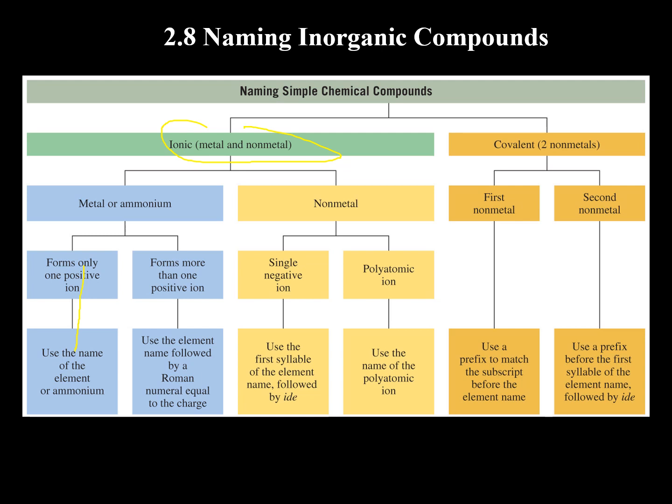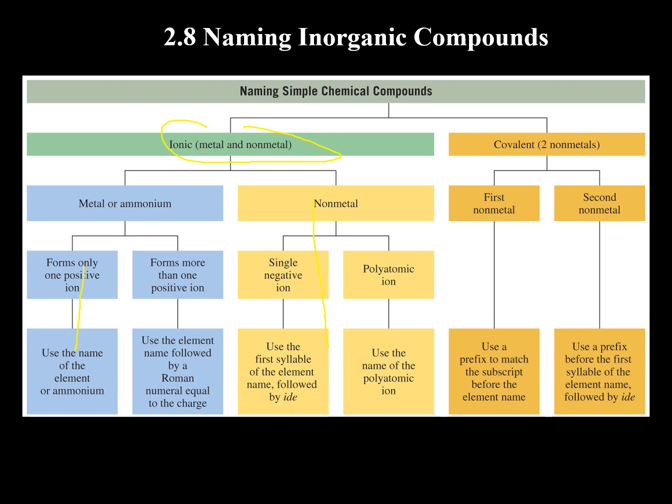If there is a Roman numeral, we have to know our charges. For instance, iron is +2 or +3, copper is +1 or +2. And the nonmetal switches its name to ide for single negative ions, but when we have a polyatomic ion, that's when you have multiple atoms coming together that have a charge: carbonate, nitrate, sulfate, phosphate, those are examples. We will have to remember those names.